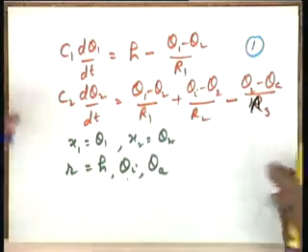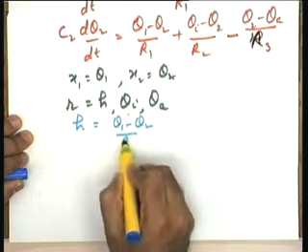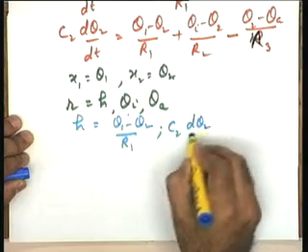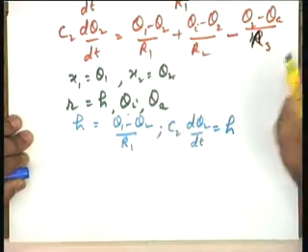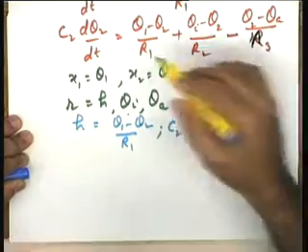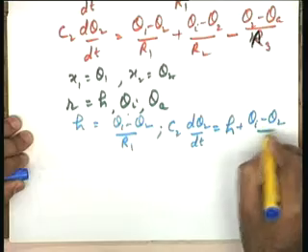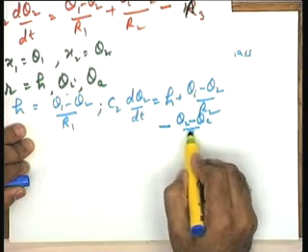How about the second equation please? I want you to give me the second equation. The second equation under this assumption, first equation let me write it, H is equal to theta 1 minus theta 2 by R1, and the second equation will turn out to be C2 d theta 2 by dt equal to, now I can replace this by H, the input variable, theta 1 minus theta 2 by R1 plus theta I minus theta 2 by R2 minus theta 2 minus theta A by R3.